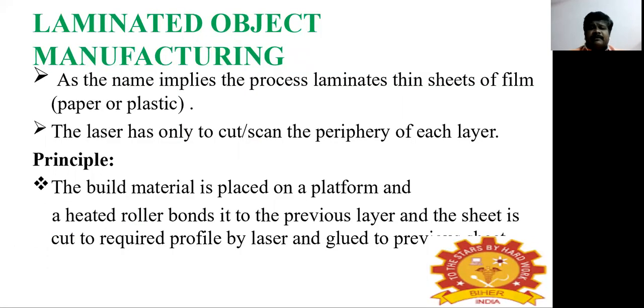So what is the principle behind LOM? Here the build material is placed on the platform, and the heated roller bonds it to the previous layer. Our sheet also needs to be cut to the required profile by the laser and glued to the previous one.